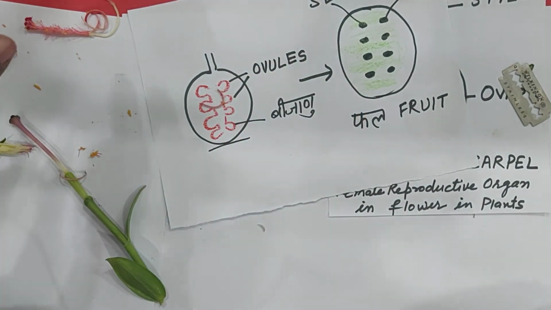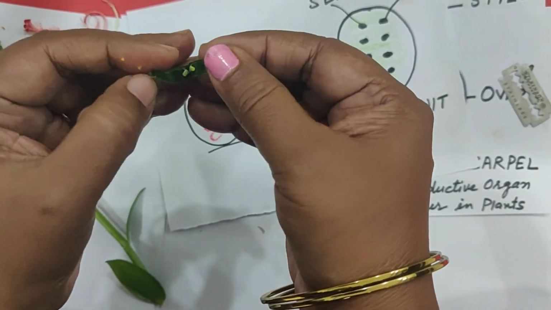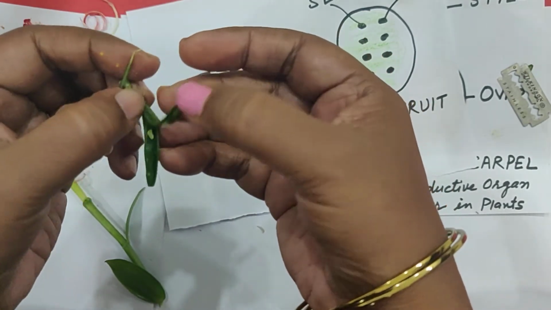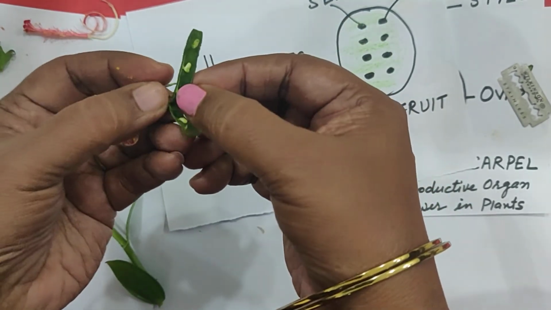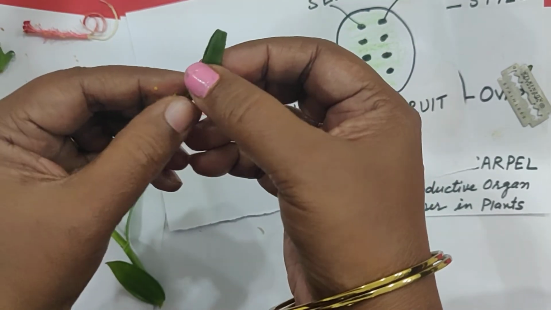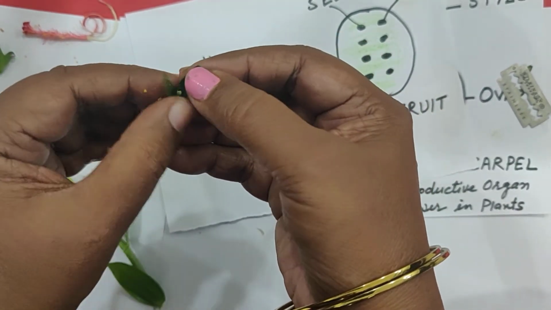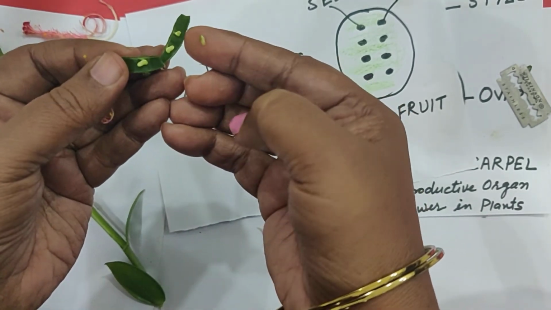Just have a look. When these ovules become seeds, have a look. You will be able to see now after fertilization, this part, once it was ovary, now it is a fruit, and these are ovules which have become now seeds.